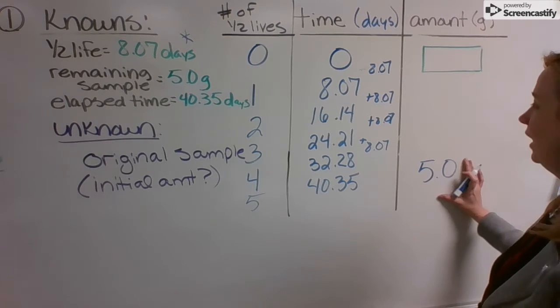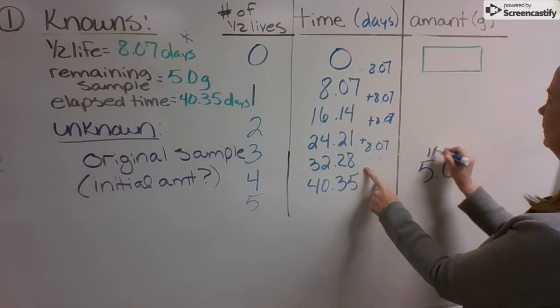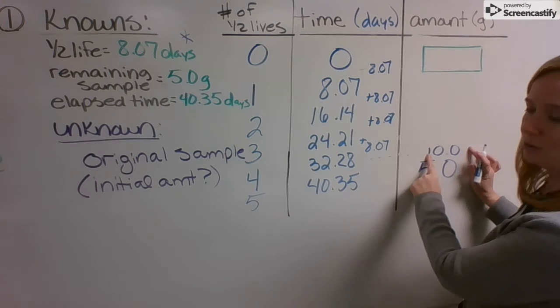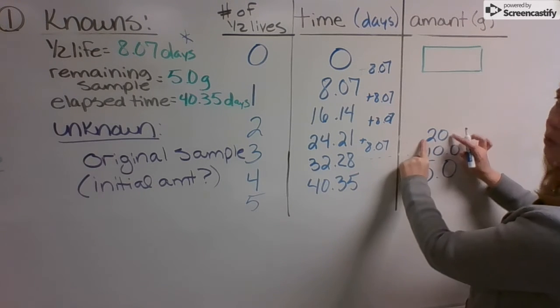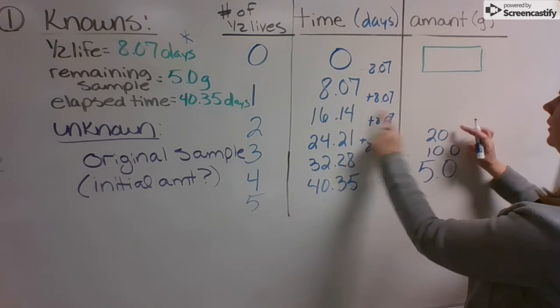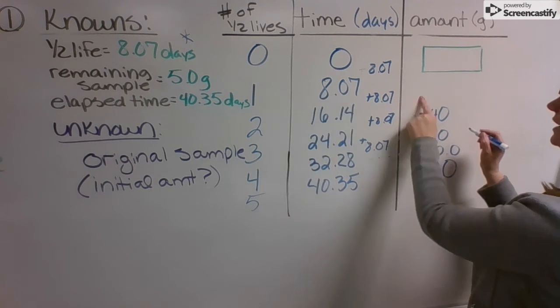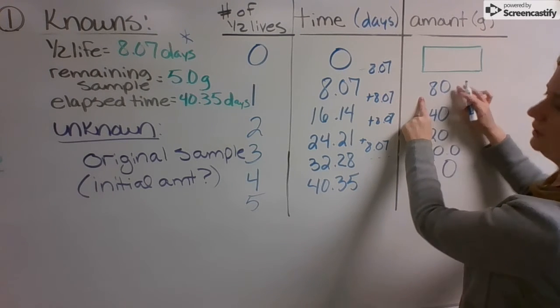Okay, so I'm going to say 5 times 2. I'm going to try to line these up in my chart. That's going to be 10. 10 times 2, right, it's going to be 20. 20 times 2 is going to be 40. After 8 days had gone by, I'm going to say 40 times 2 to give me 80.